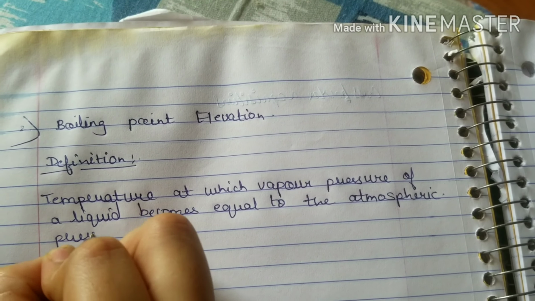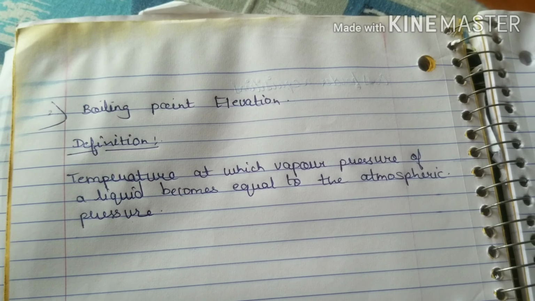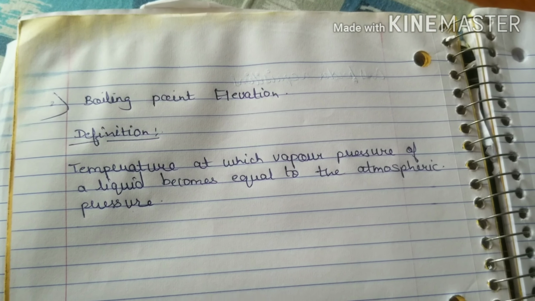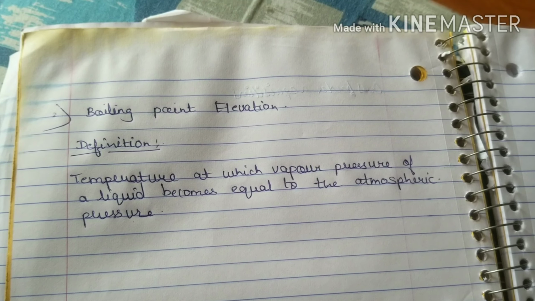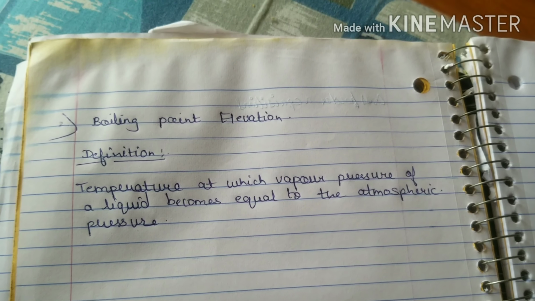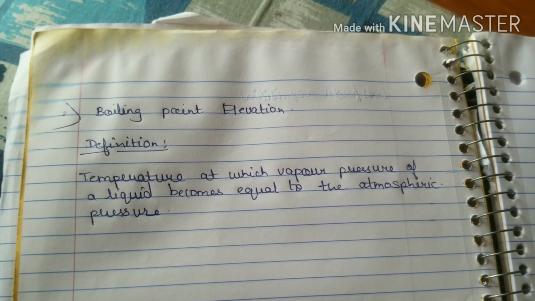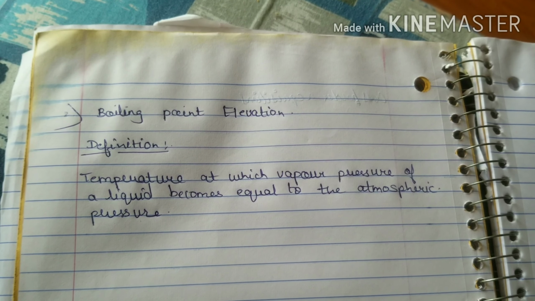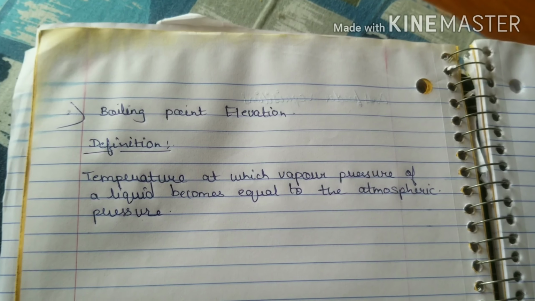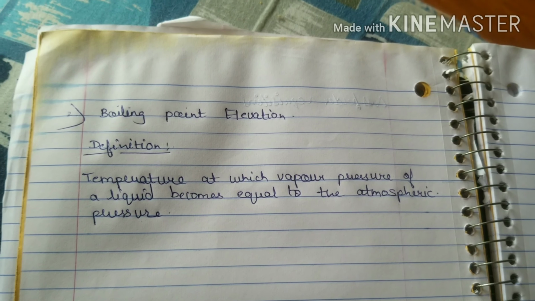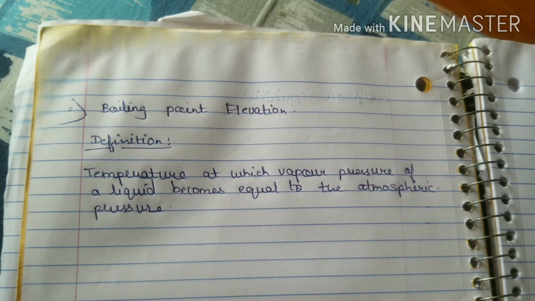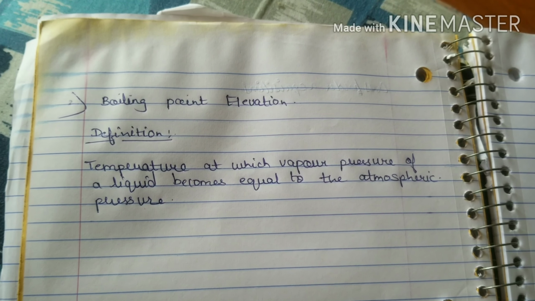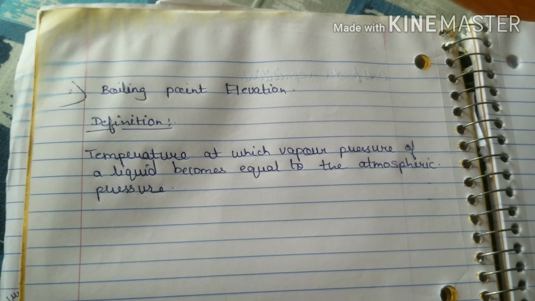Atmospheric pressure means the pressure which is already present outside, right? And by now you know the meaning of vapor pressure, right? It is the pressure exerted by the gaseous phase of a substance when it is in contact with the liquid or solid. So the definition of boiling point is the temperature at which vapor pressure of a liquid becomes equal to the atmospheric pressure.